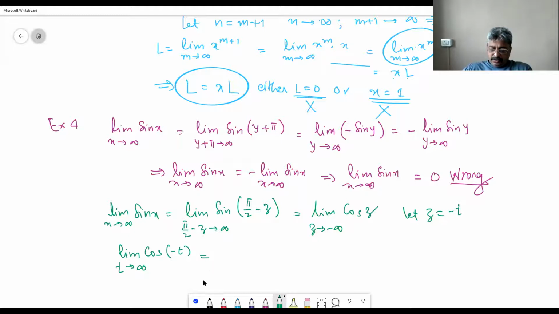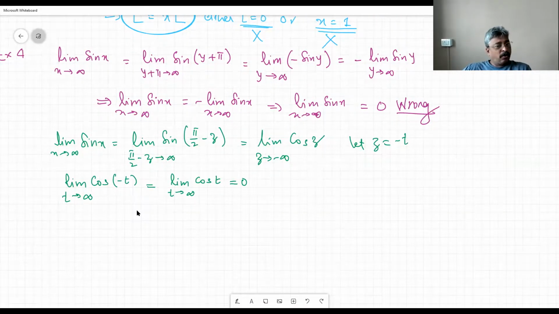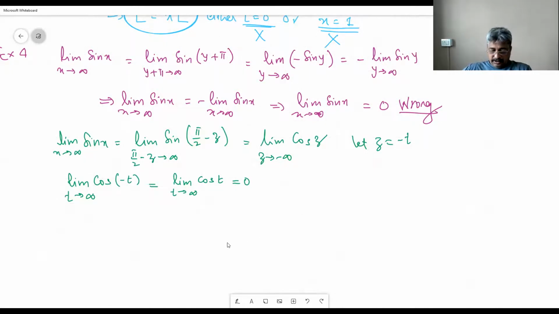And cos of opposite of t is the same as cos t, it is same, therefore limit cos t as t tends to infinity. So we started with sine, which we said is equal to 0. Therefore this fellow is also equal to 0. Yes or no? Yes. This has been done, so it is correct.